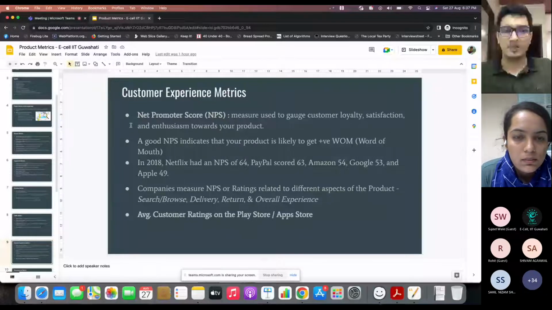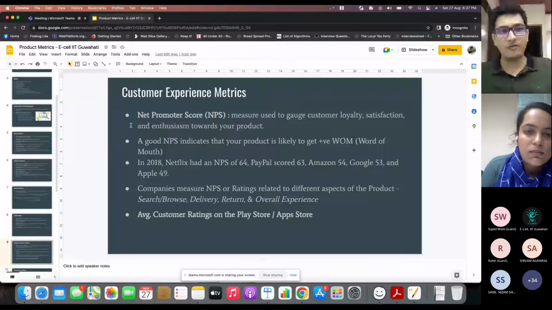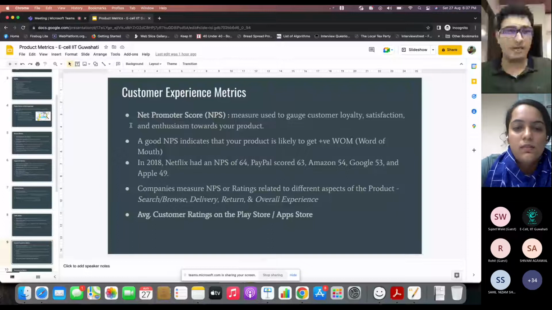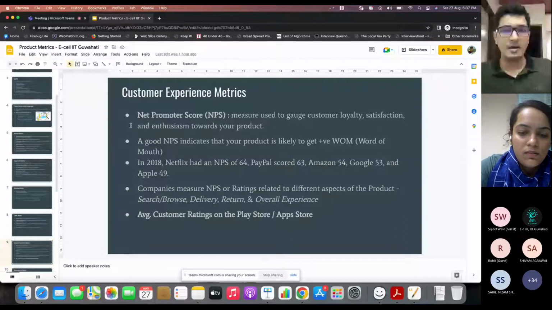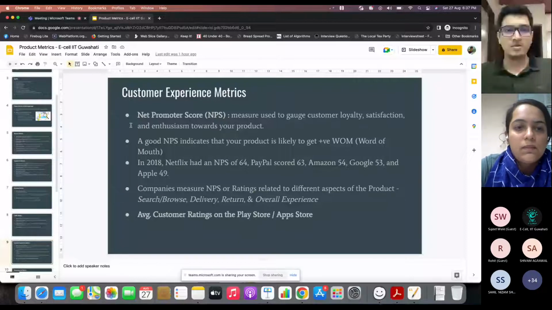And detractors are customers who give your product a poor rating, let's say a 5 or less than 5. These are the customers who will talk bad about your product, give negative word of mouth, and lead to fewer customers trying your product. So percentage promoters minus percentage detractors becomes your net promoter score.